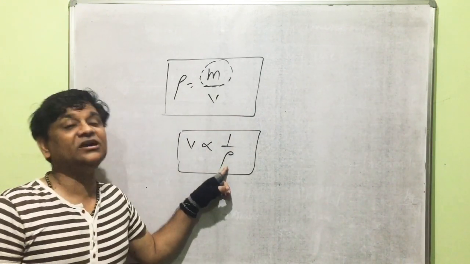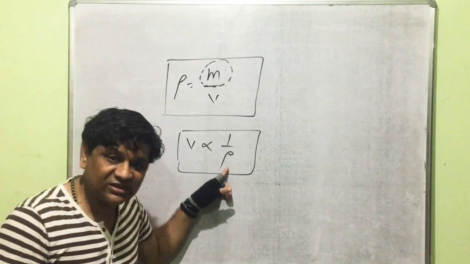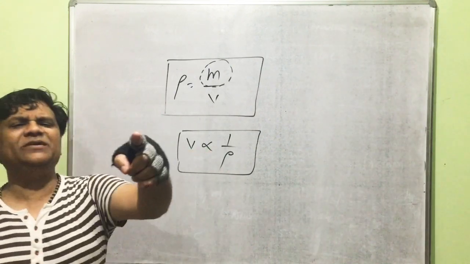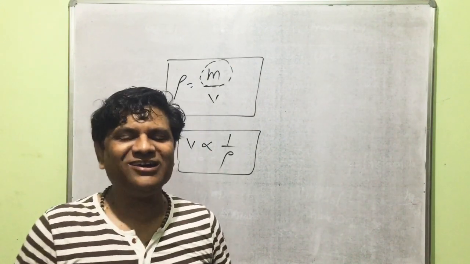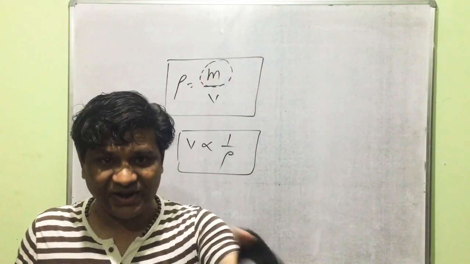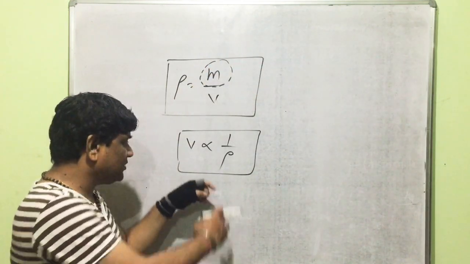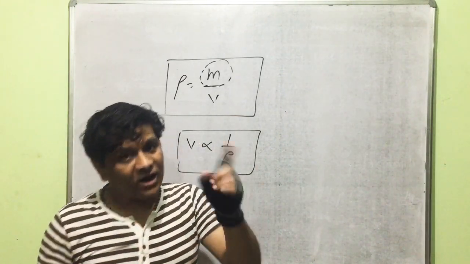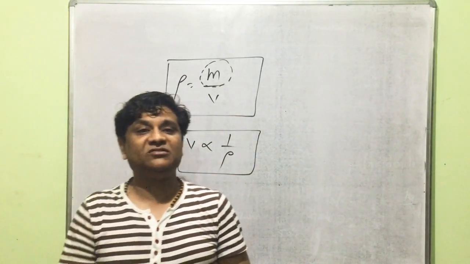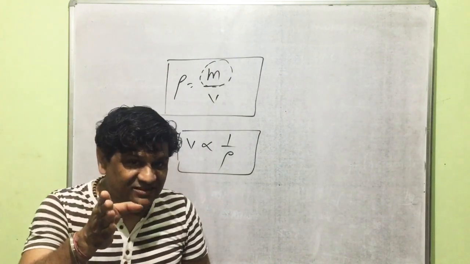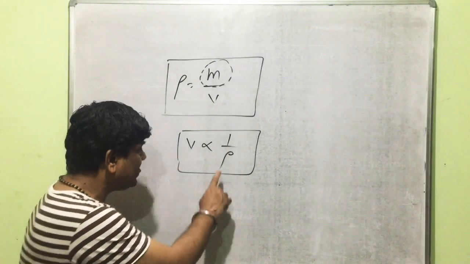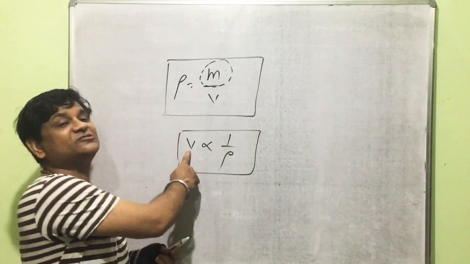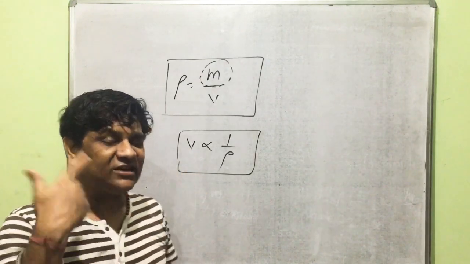So the lower the density of the alcohol, the greater will be the expansion after a rise in temperature, and the higher the density of mercury, the lower will be the expansion of mercury.